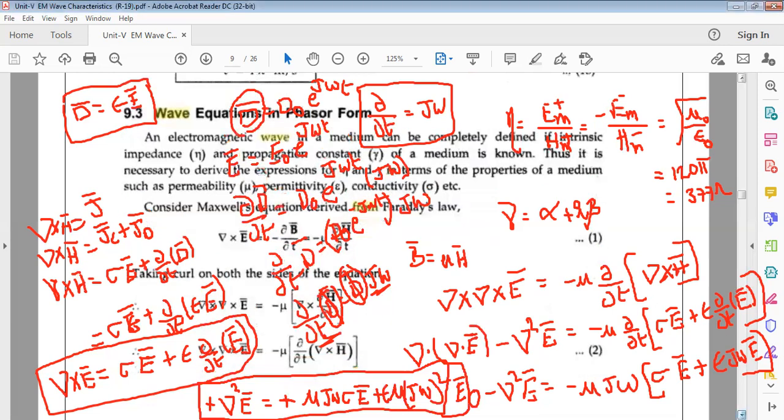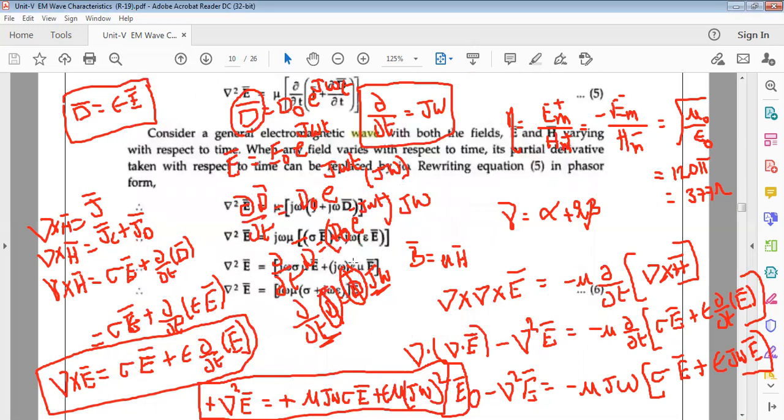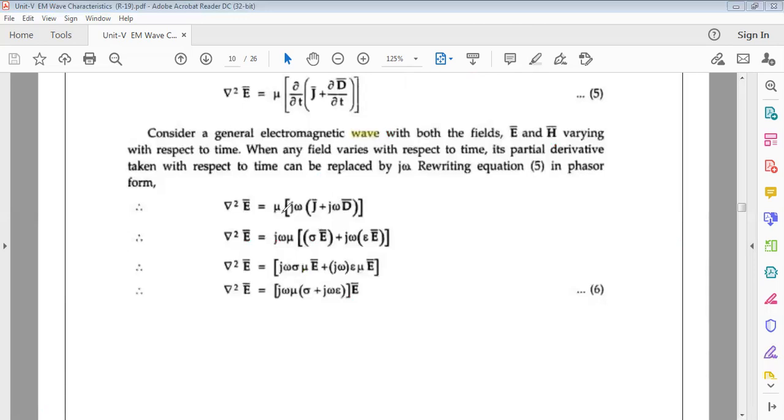You see here the equation. Finally, we got del square Ē equal to μ into jω, where J̄ plus J̄d is replaced as jωσĒ plus jωεĒ. See, jω μ σ Ē plus jω μ ε, and here the square is there.